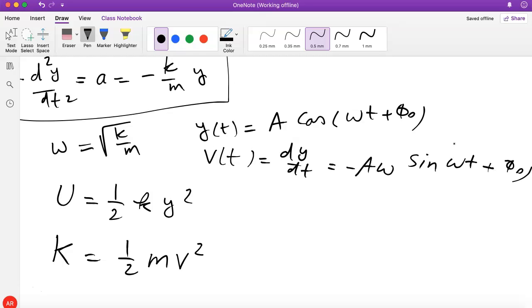Okay, so that's obvious, right? The kinetic energy is always 1/2 mass times v squared.